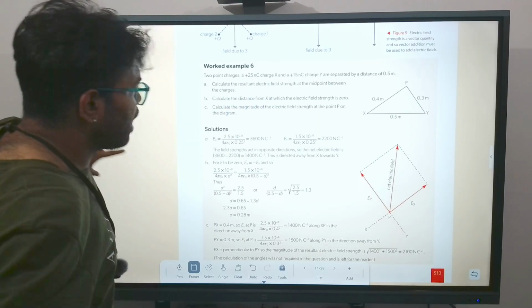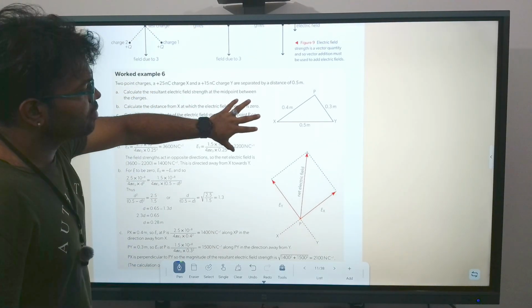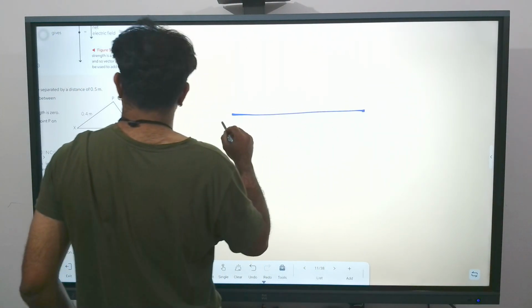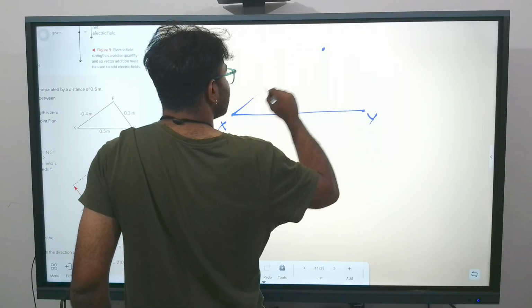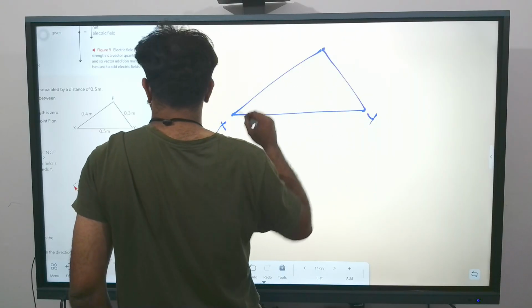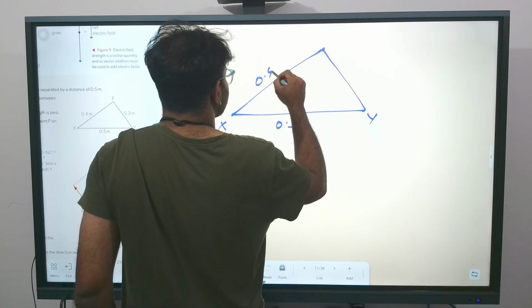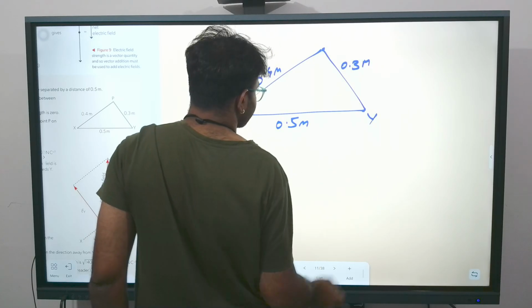I'm just going to redraw this. X, Y, and this is the P. You have 0.5 meters, 0.4 meters, and 0.3 meters.